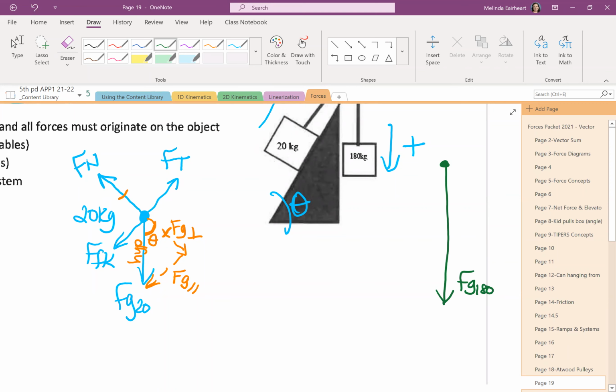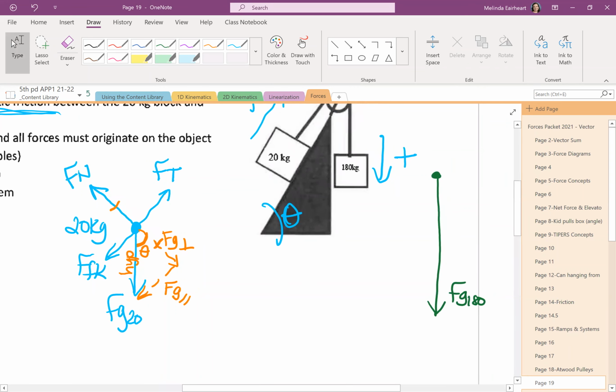What other force is acting on the hanging mass? Tension is pulling up. How big do I draw tension? Equal to the tension on the other block. It's our internal force, right? And so FT, and I'm going to use my highlighter here, these two should be equal and opposite due to Newton's third law.